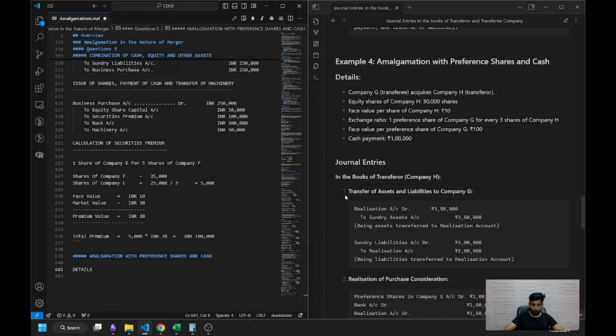For that, we have got some details, and these details go as follows. Company G, who is the transferee company, acquires company H, which is the transferor company.